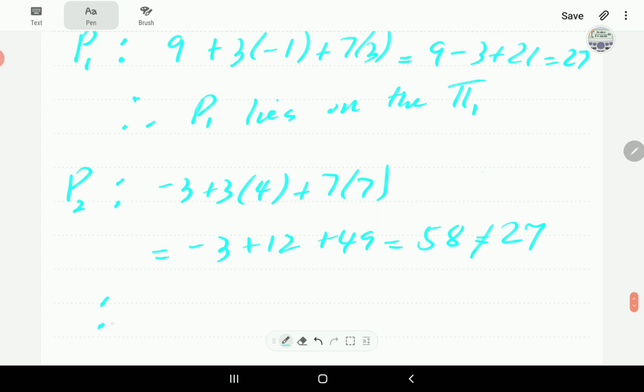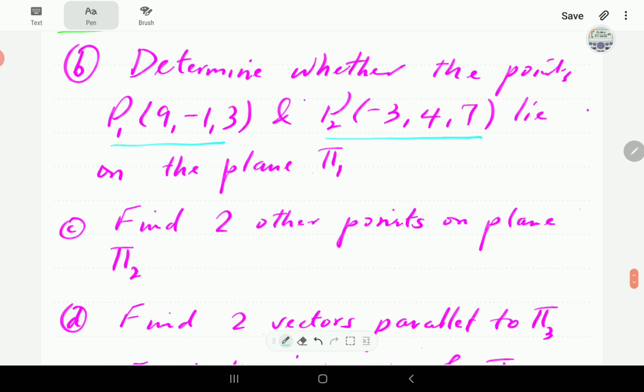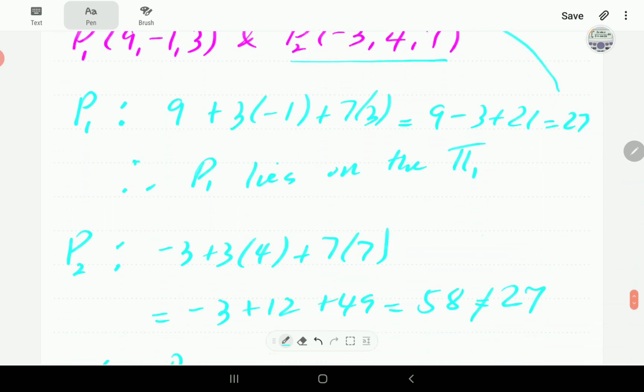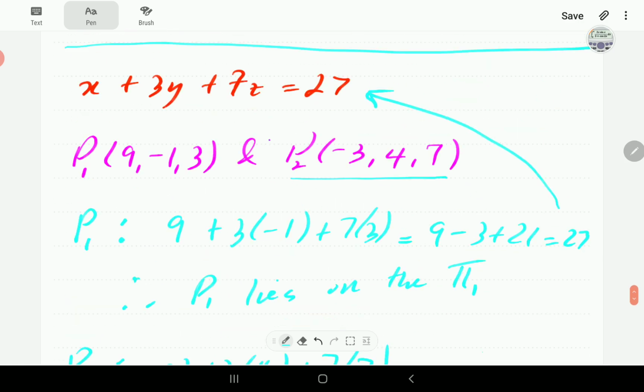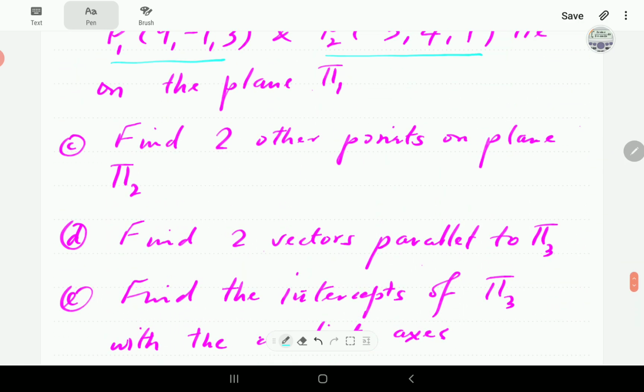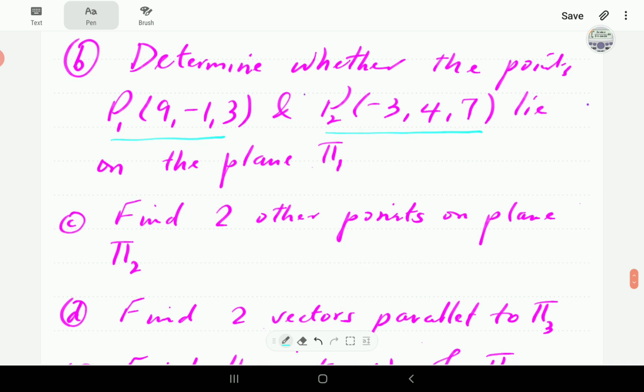So we can conclude P2 is not on plane 1. So that concludes part B.